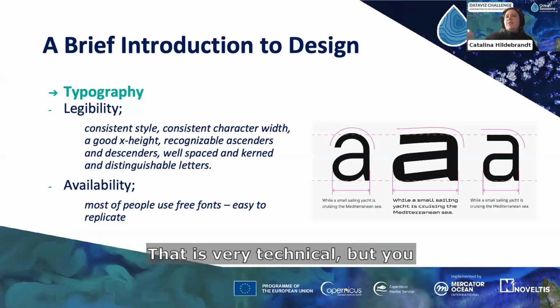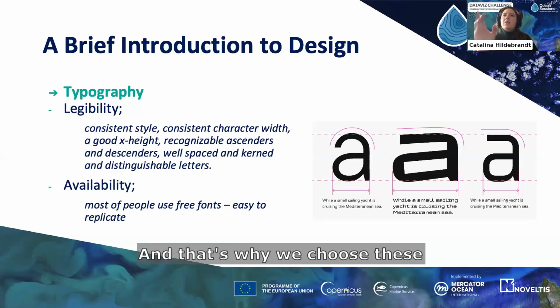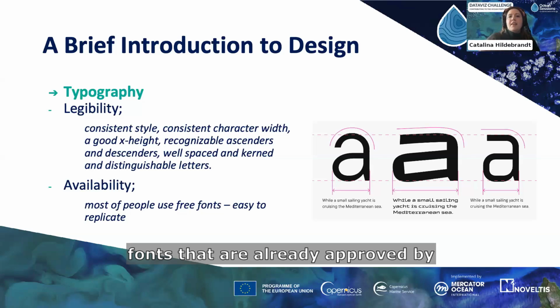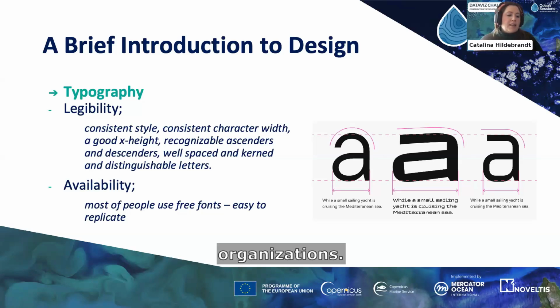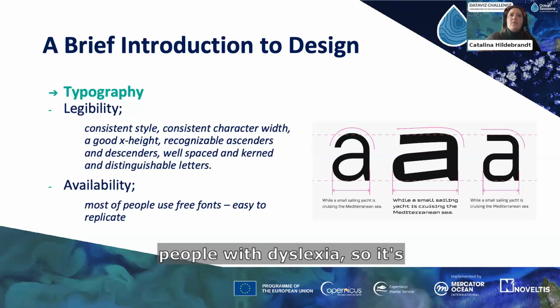That is very technical, but you can see in the example that the first A is way better than the other ones, and that's why we always choose fonts that are already approved by organizations. For example, in my piece I'm going to use a font that is built for people with dyslexia, so it's easier to read in any context.